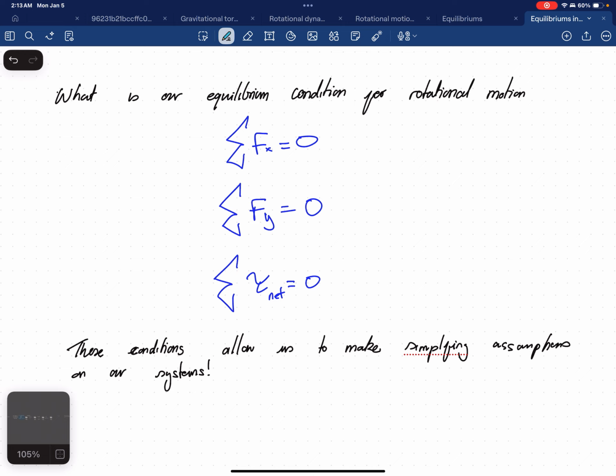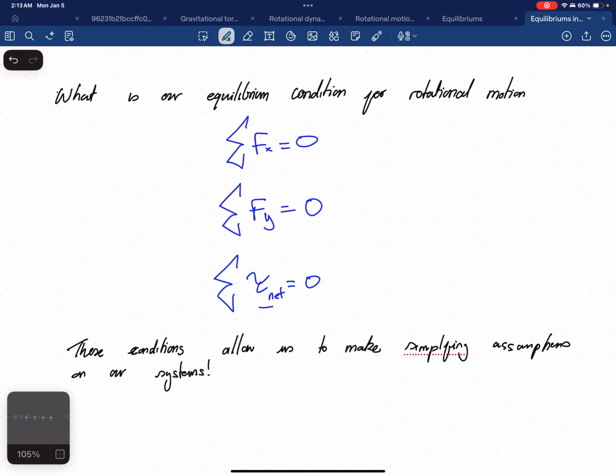When thinking about the net torque equals 0, remember, a positive torque essentially moves the system counterclockwise, whilst a negative torque will move the system clockwise.